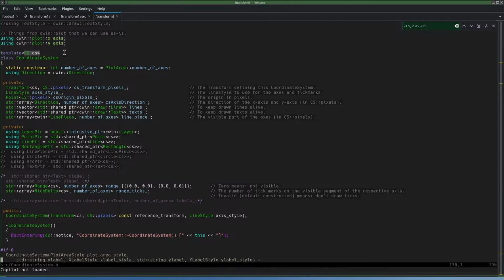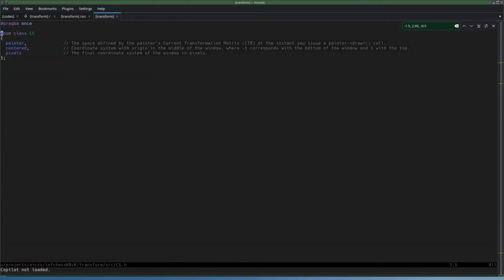Yeah, we're passing coordinate systems as template parameters. Yes.